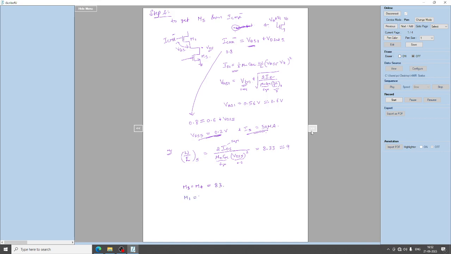M1 and M2, the NMOS transistors, are 7, and M5, the tail current, is 9. M6 you can vary accordingly with respect to M5, depending upon how much current you want. So this is the aspect ratio. By fixing the value of L for a particular value, you can find out the W of each transistor according to this aspect ratio. And this is the design for the differential amplifier.